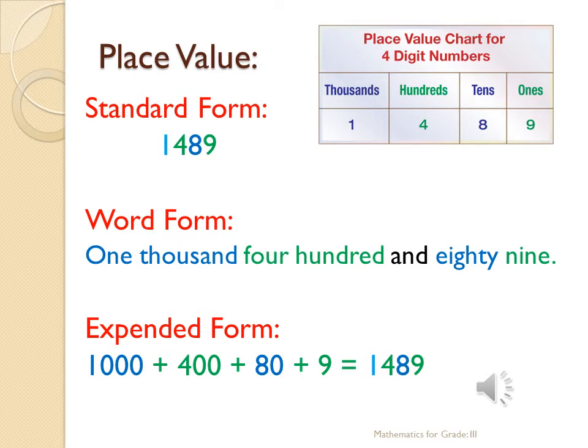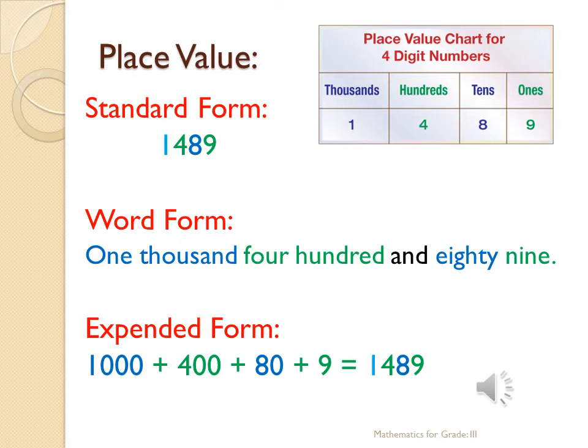Now moving towards the last form, that is the expanded form, we are going to expand the number with the help of the place value chart. We know that 1000 is a 4-digit number, so we write down 1 and 3 zeros. Again, 100 is a three-digit number, so we write 4 and 2 zeros.